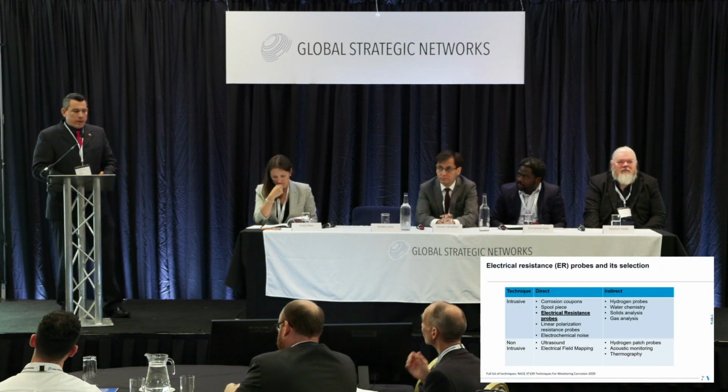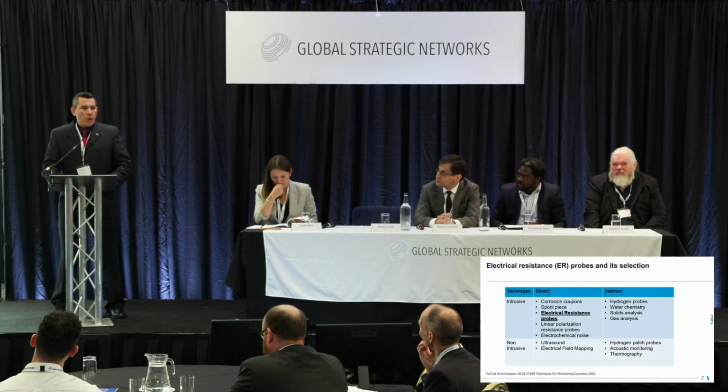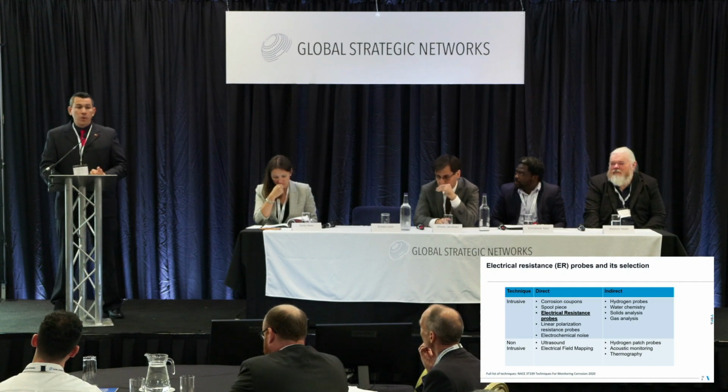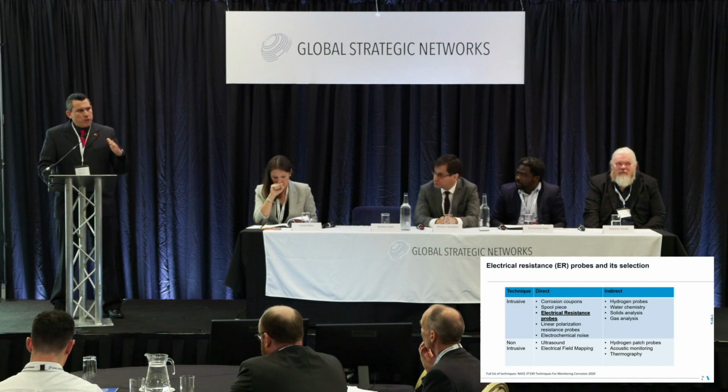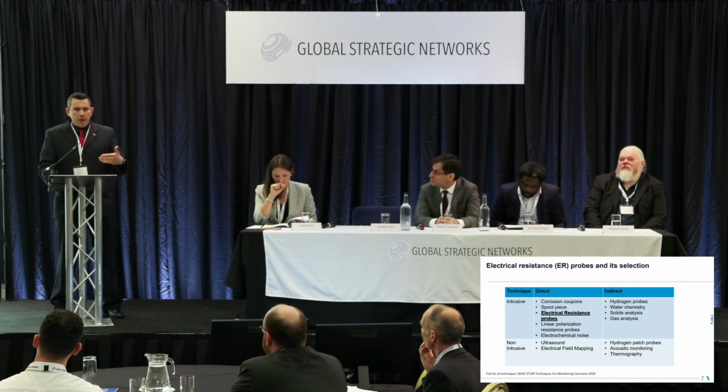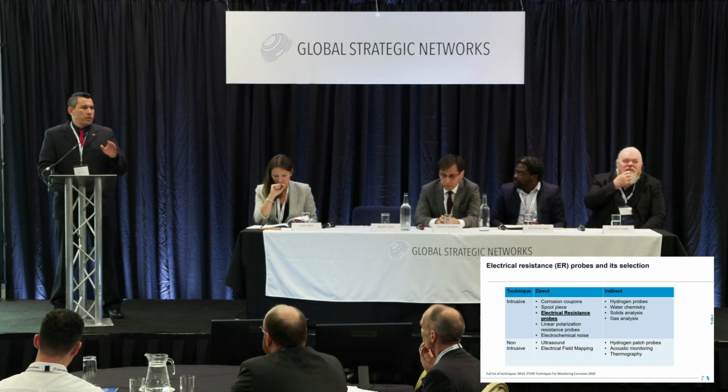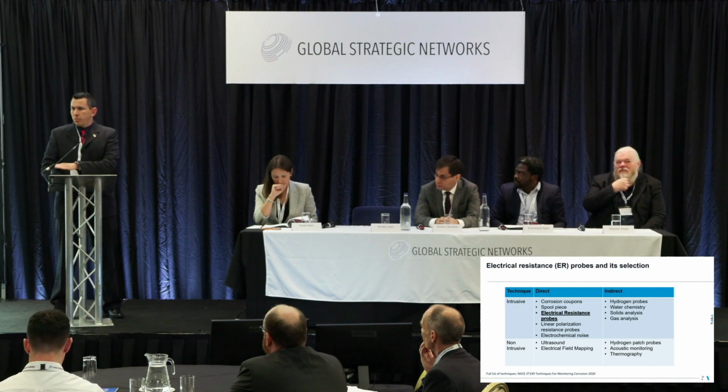So the first question that we need to ask ourselves is, what do we want and what can we do for corrosion monitoring? To answer this question, we need to think about whether we want to do direct monitoring or indirect monitoring.